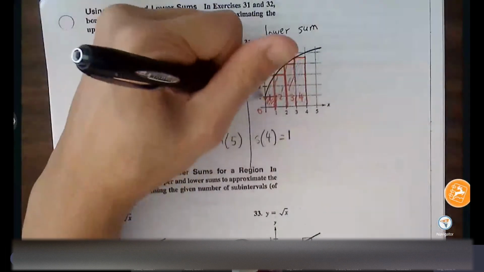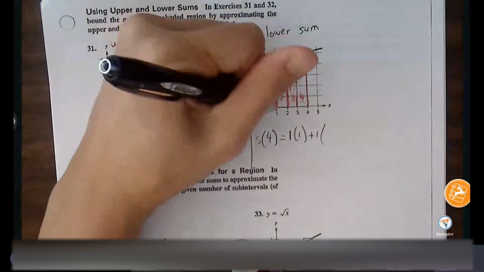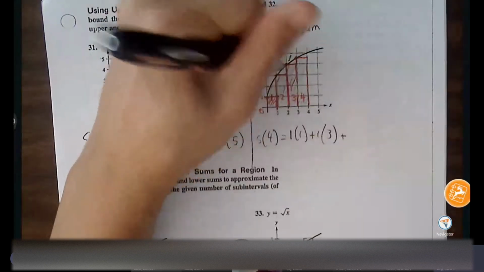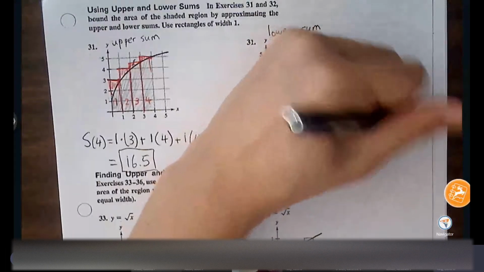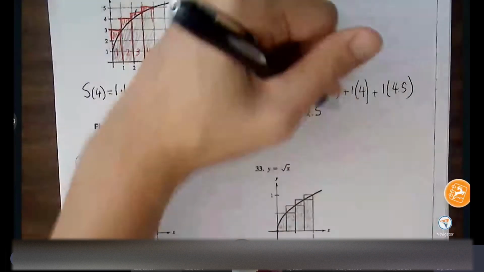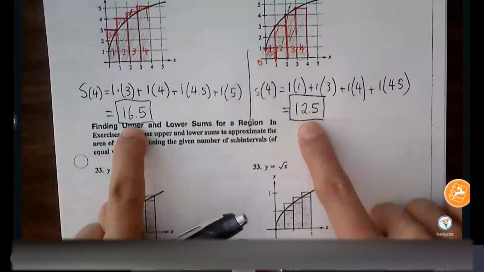So width times height, width times height. We add those together, we get 12.5, and just like what we expected, we get a smaller number because we have an underestimation versus an overestimation.